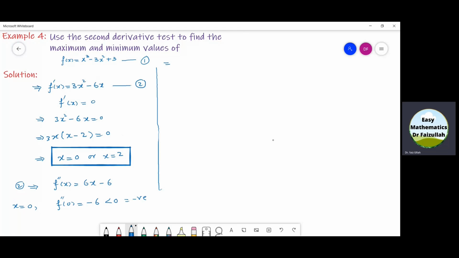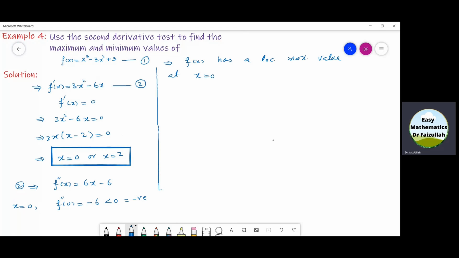So this implies that f of x has a local maximum value at x is equal to 0. And now let us find the maximum value.